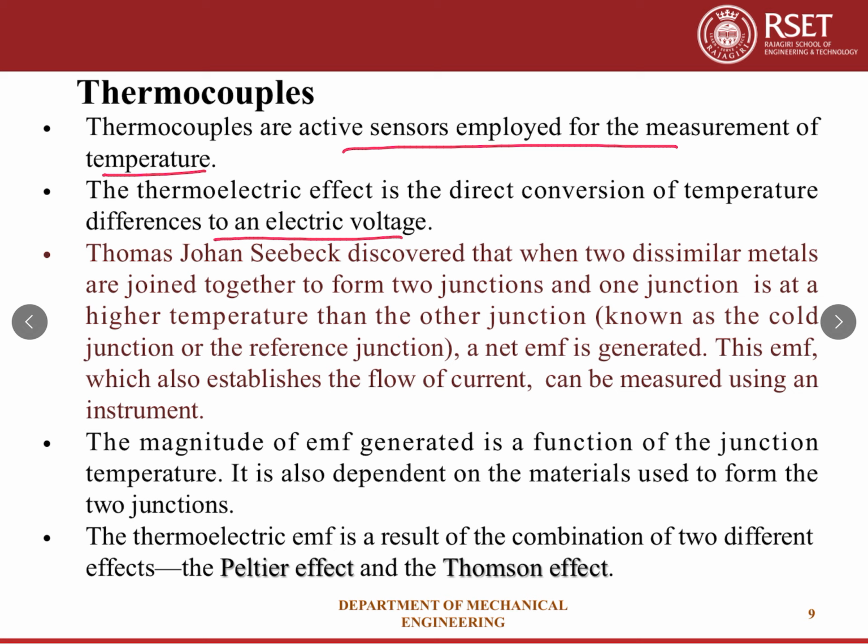So temperature change to electric voltage. That is a transducer. Thomas John Seebeck discovered that when two dissimilar metals are joined together to form two junctions, and one junction is at a higher temperature than the other, that junction is called the hot junction.